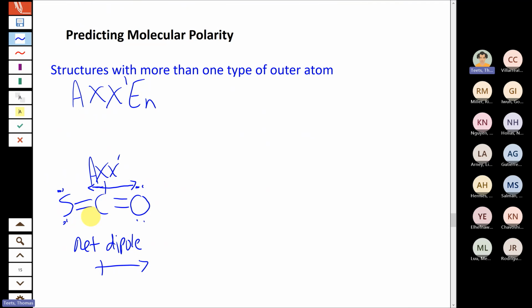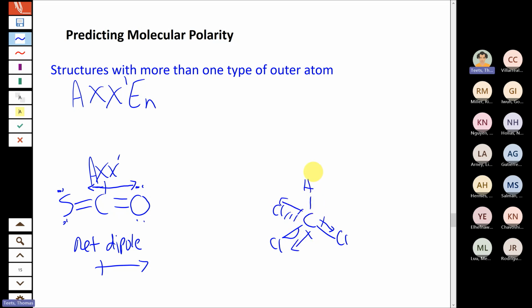Another example of this: there are a lot of molecules centered on carbon that would have more than one type of outer atom. So if we had this molecule here, which is called chloroform, CHCl3, I'm not going to draw all the lone pairs in, but basically in this molecule the carbon-chlorine bonds are polar.